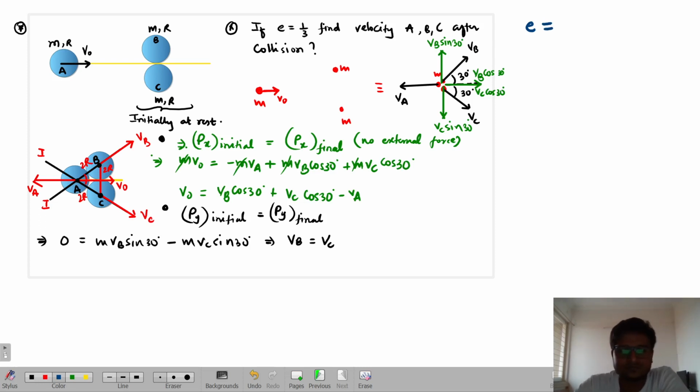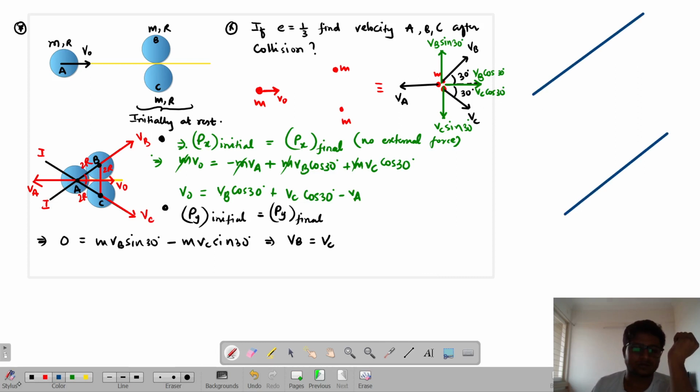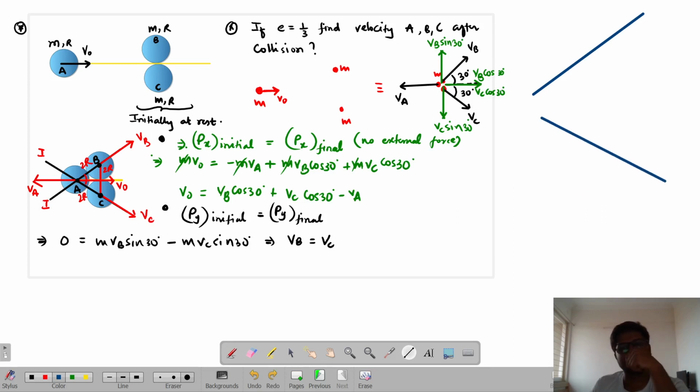Here, there are two lines of impact, isn't it? Remember that. Here there are two lines of impact. So there are two coefficient of restitution equations.